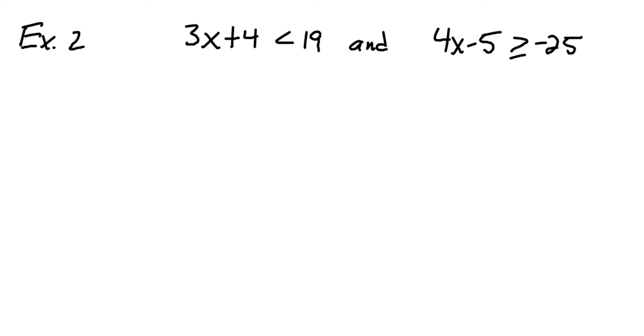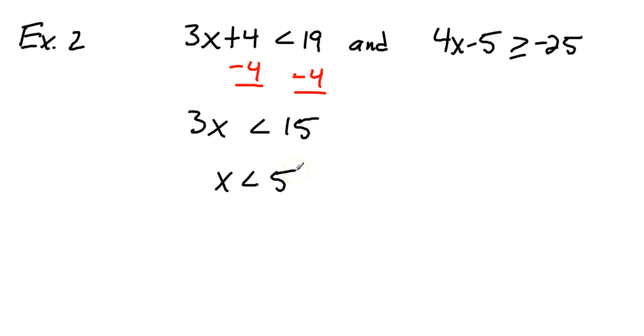And as long as I give you the word AND for this part of it, it's just like the OR statement. Just go ahead and solve the two parts of it. So for this one, you would subtract 4 from both sides. You've got 3x is less than 15. No negatives, so we don't have to worry about flipping any signs here. Divide both sides by 3. Got x less than 5.